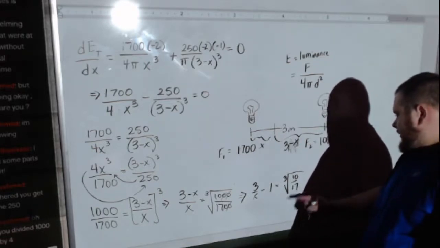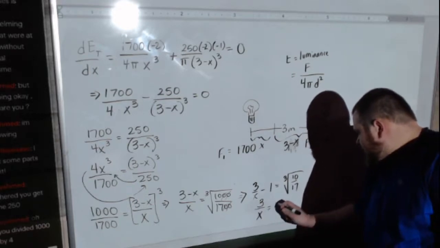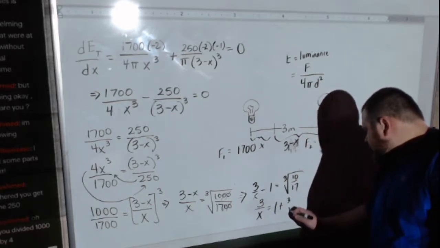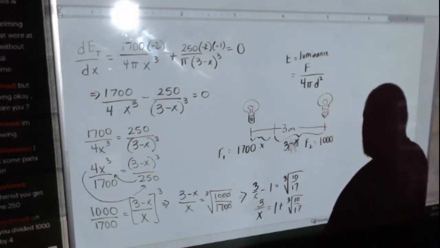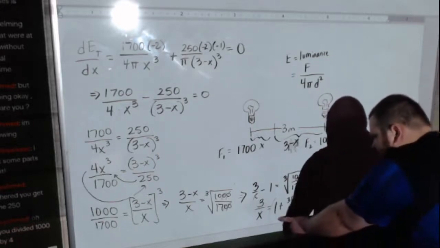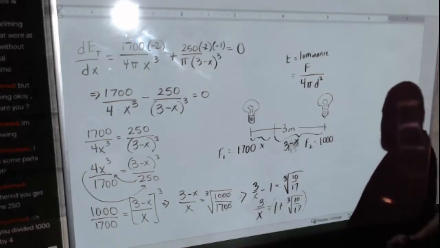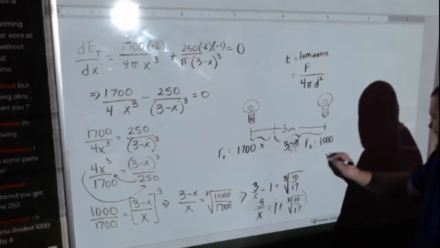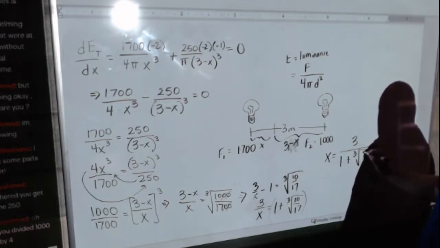Add 1 to the other side. And again, as I've done this trick many times now, I'm going to take all of this and switch it with that x down there. So after all that's done, it's not a pretty number, but it is a solution. We get x.